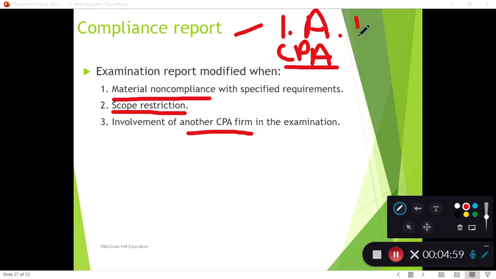So these are just going to be internal reports. Versus if it's a CPA firm, then that report could possibly be external. Even if it may or may not necessarily be made public, it could go to an external regulator, for example.